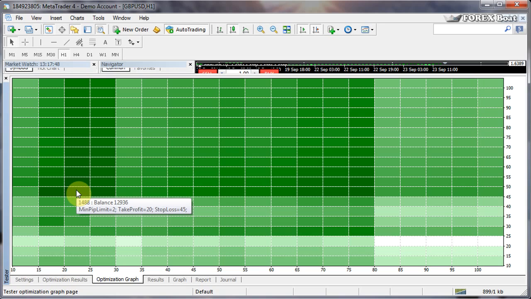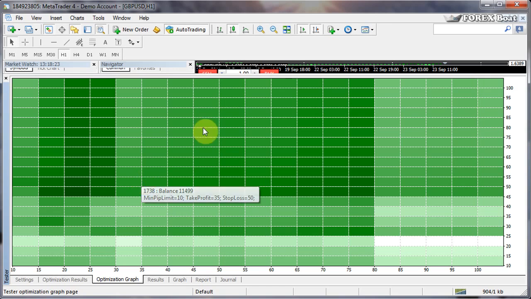So min pip limit was 1, 2, 3 and all the way up to 10, and for each one of those the take profit was 20 and the stop loss 45, and so the color represents the most profitable out of those 10. So here you can see that the most profitable out of those 10 was min pip limit 2, for take profit 20 and stop loss 45.